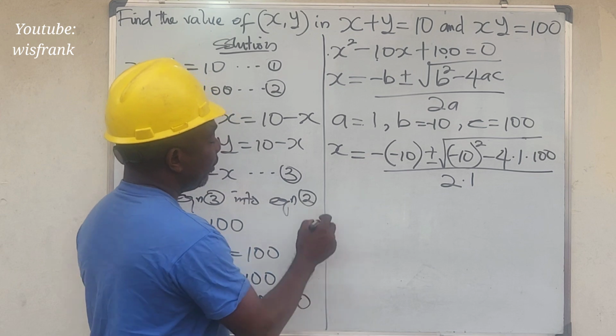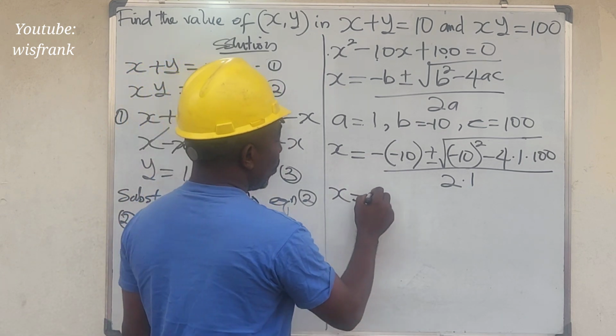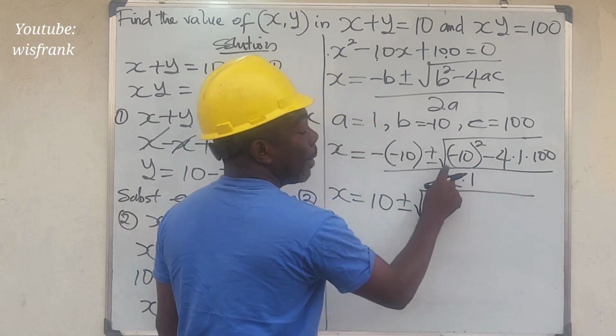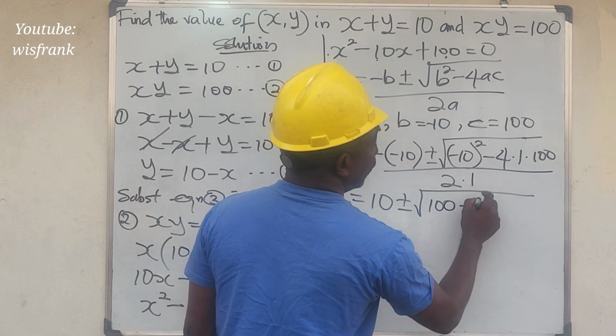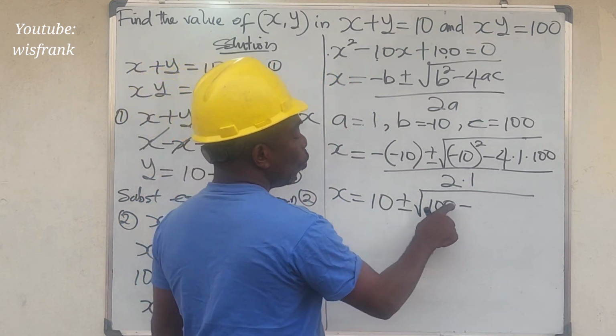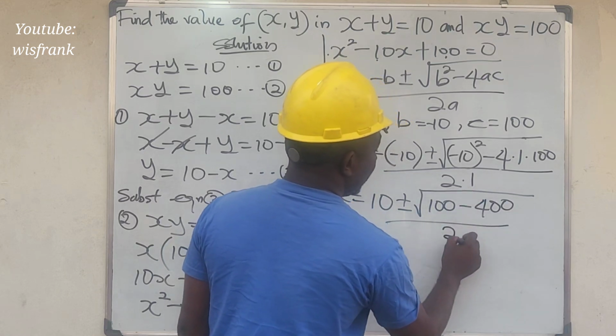And here we have the value of x equals minus times minus 10 will give us 10. We have plus or minus square root of minus 10 to the power of 2 gives us 100, minus 4 times 1 times 100 will give us minus 400, all over 2 times 1, which is 2.